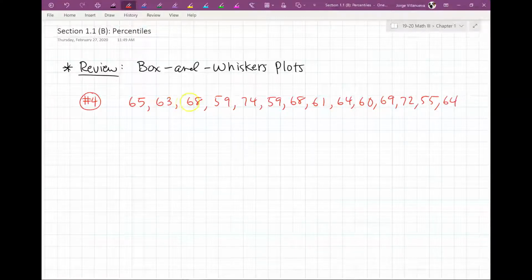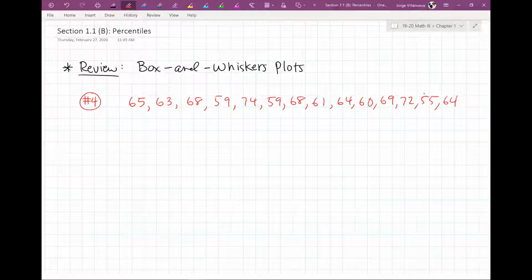So let's see, 1, 2, 3, 4, 5, 6, 7, 8, 9, 10, 11, 12, 13, 14. So that's correct. We got 14 different heights. These are in inches, okay? In inches. So 60 inches would be equivalent to, right? 12 times 5, so 5 feet, etc.